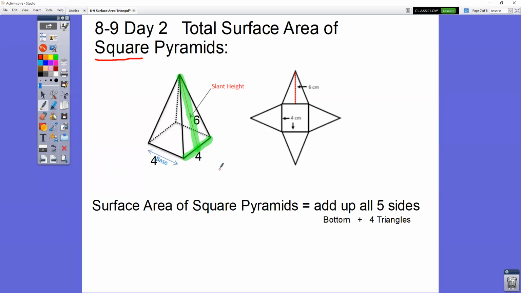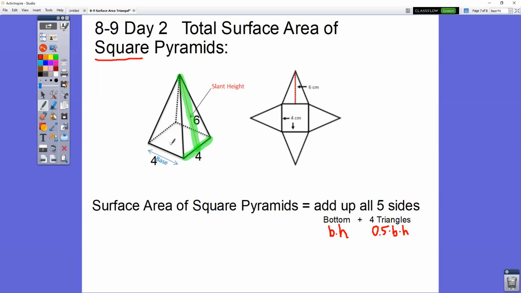I like to write my formulas here. The bottom is going to be base times height, or length times width because we're talking about a square. And for the triangles, the formula is 1/2 times the base times the height, or 0.5 times the base times the height.